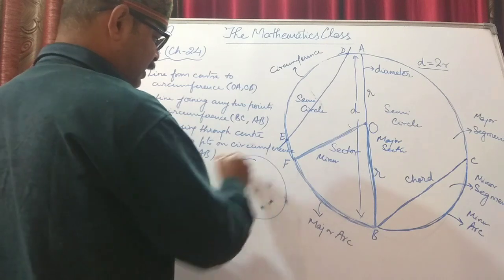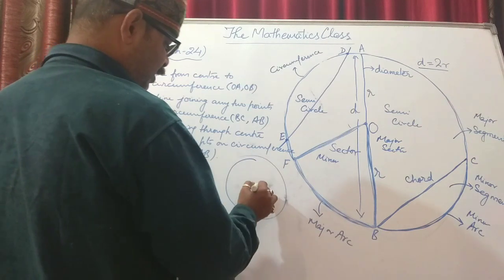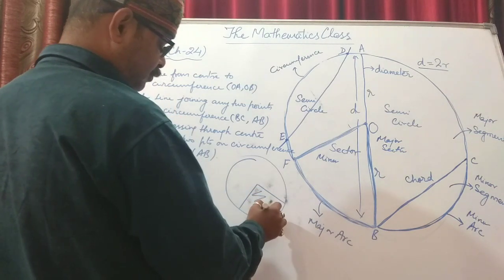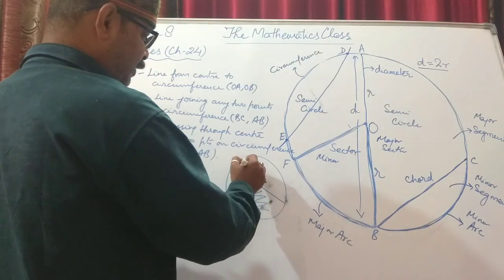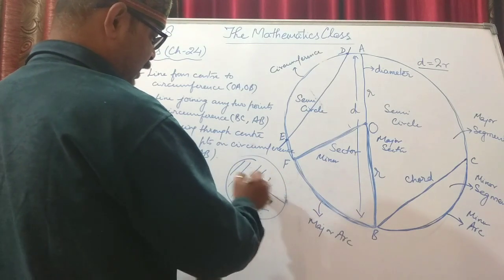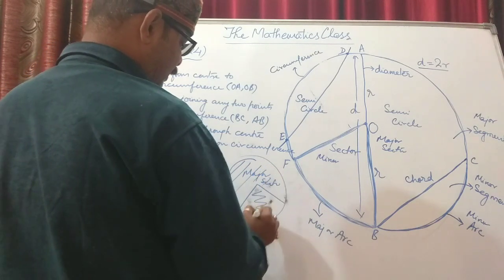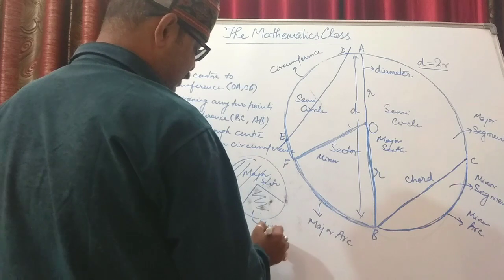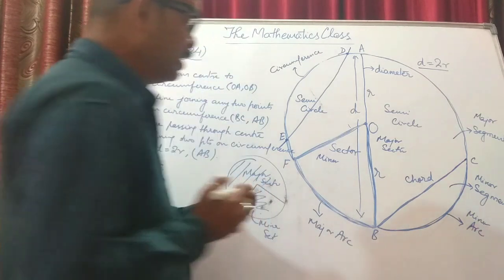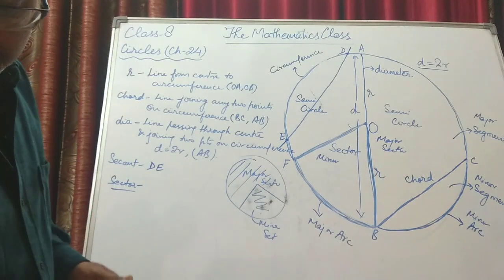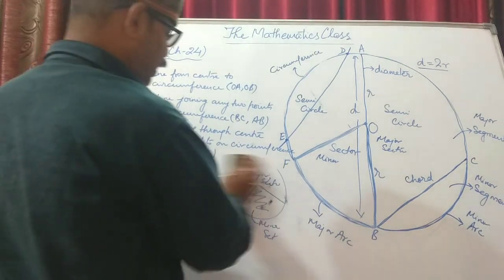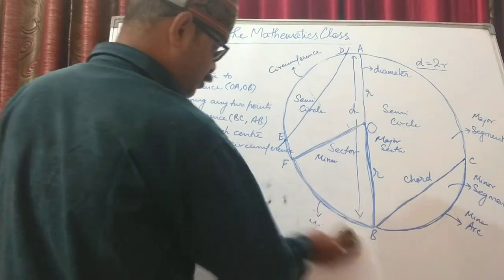Suppose I draw a diagram like this. Now this part is a minor sector, and this part is a major sector. This is about the sector. Now these are important things that you need to know.